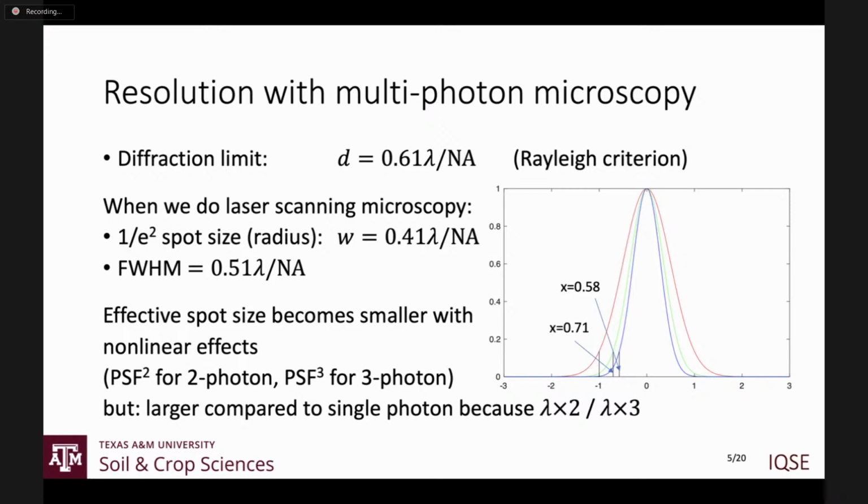So in our multiphoton super resolution microscopy, the first goal is to make up for that factor, square root of 2 or square root of 3 loss. And you will see in the next slides that we actually managed to do that.